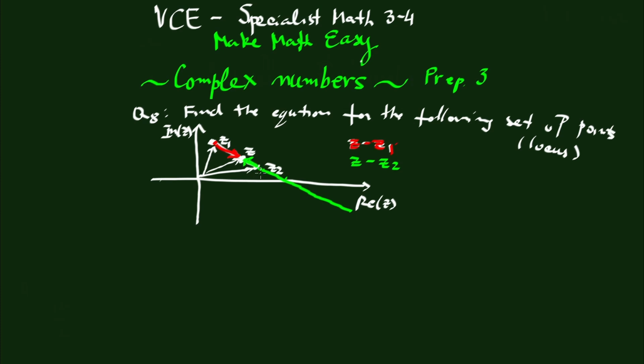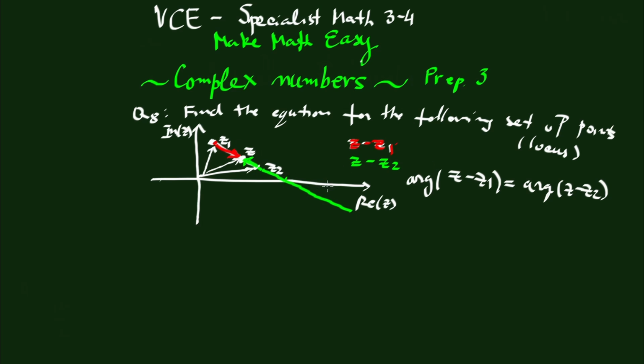And that happens when, let's change the color, we can say that the argument of z minus z1 is equal to the argument of z minus z2, but in the opposite direction.